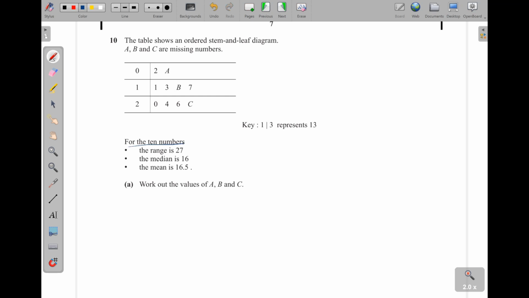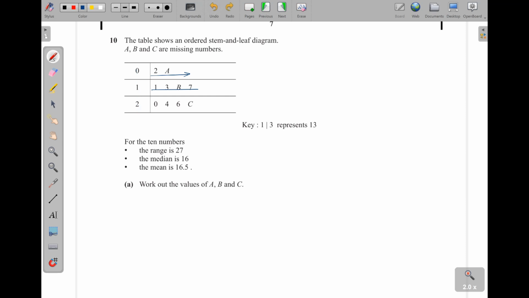And they're saying for the 10 numbers, by the way, for a stem and leaf diagram, these numbers here must be aligning vertically, okay? So when they tell you to do, you should know that. And these numbers must be ascending to the right, okay? And then the numbers in the stem are increasing downwards.